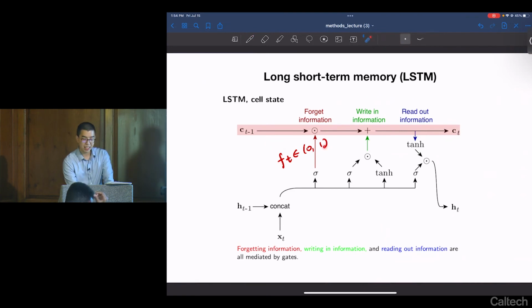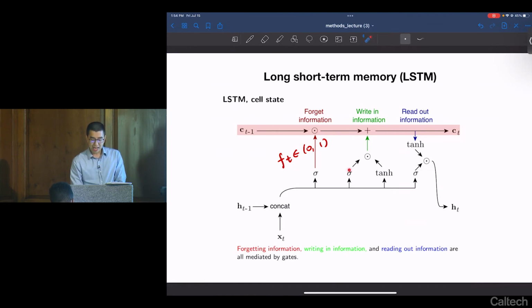And if f of t is equal to 1, then I keep all of the memory in my cell state because c of t minus 1 then multiplies 1, and therefore at this wire here, I still have everything in my cell state. If f of t is equal to 0, that tells me to forget all of the information because c of t minus 1 then goes to 0. Okay? So the forget gate is this multiplicative factor that tells me whether to keep or forget information.